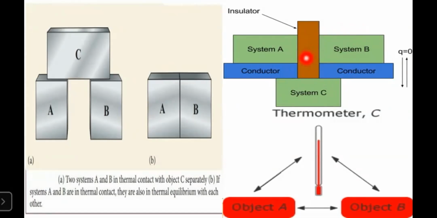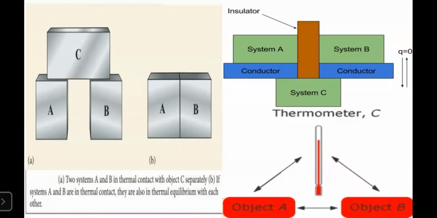What is an adiabatic wall? Can anyone tell what is an adiabatic wall? If I am putting an adiabatic wall between A and B, what happens to the heat transfer between A and B? Is there any heat transfer between A and B? It is simply an insulator, right?